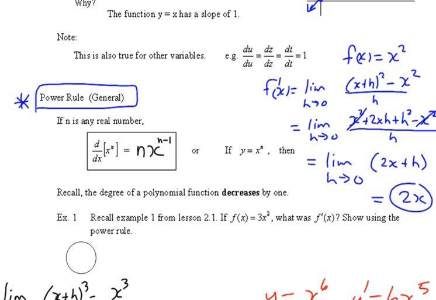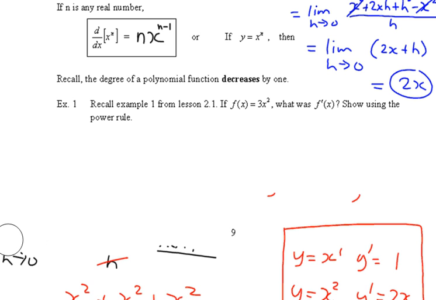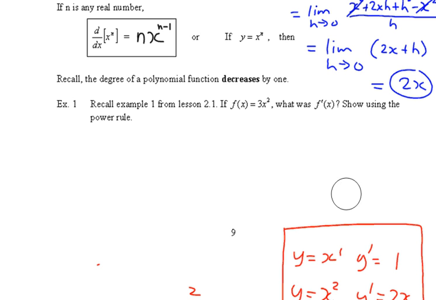I'm going to answer your questions because you are leading right into my examples. That's exactly what we're going to do here. Example 1: what if you didn't have x squared, what if you had 3x squared? What would you get?